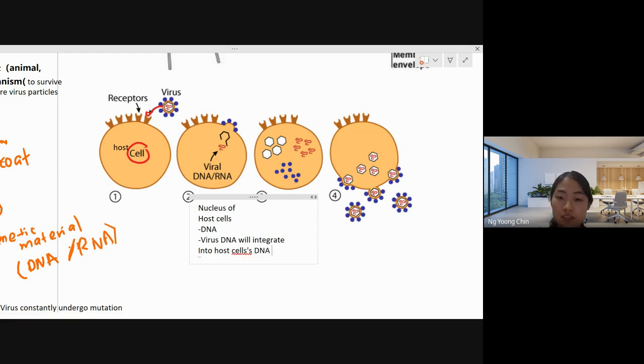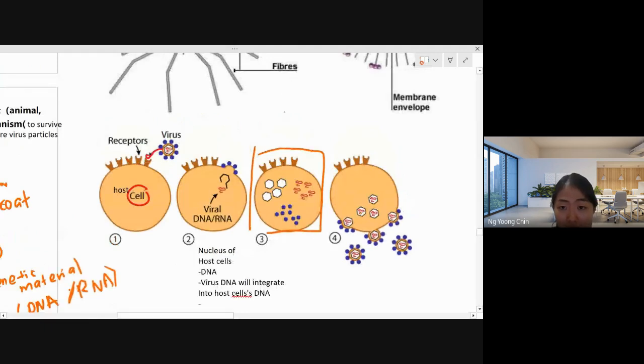That means in this host cell, the DNA is not only its own DNA, but also contains foreign DNA from the virus. Can you understand? For example, this is a host cell DNA.